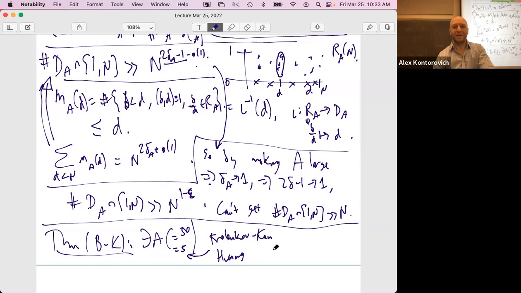There exists an A so that you get density 1. When you divide by N, what's the proportion of these d's? That goes to 1.